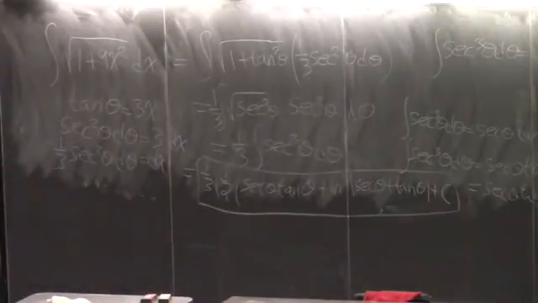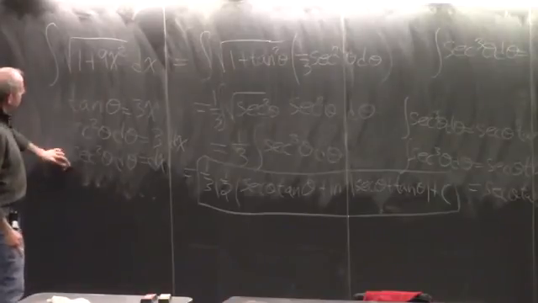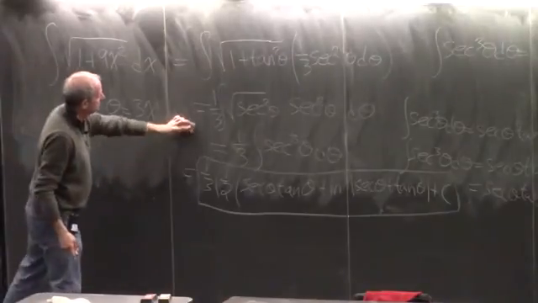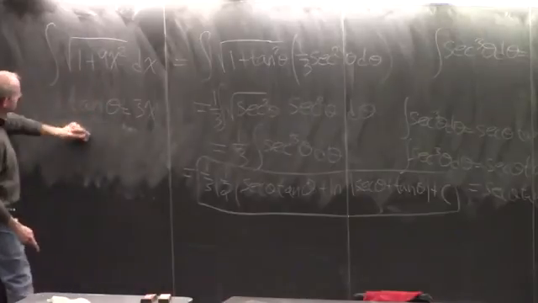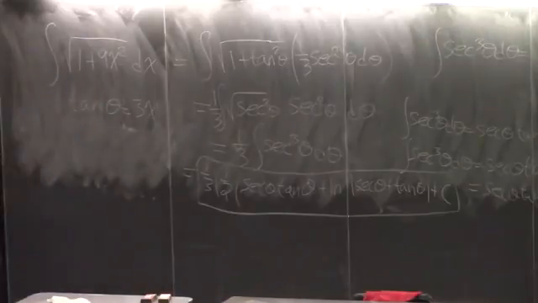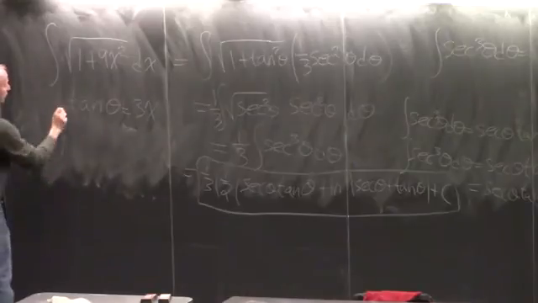This isn't in terms of theta. This integral is in terms of x. So what do we do? Because we've done the whole thing, but we did the whole thing in terms of theta. So if tan of theta is 3x, okay, then that means, draw a little triangle.